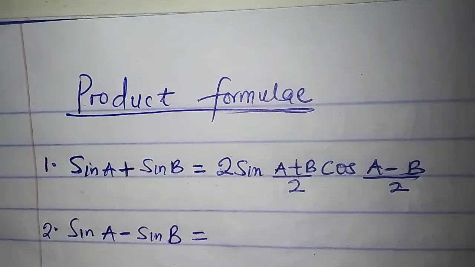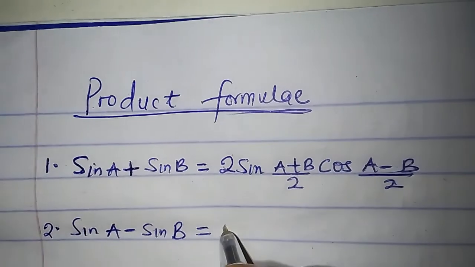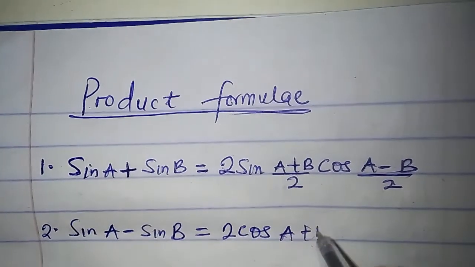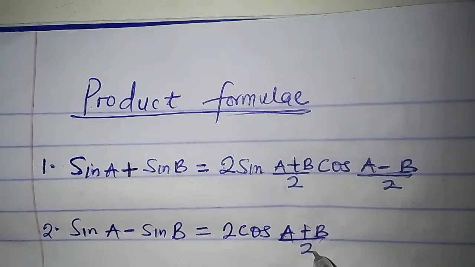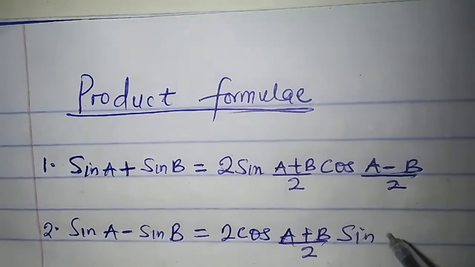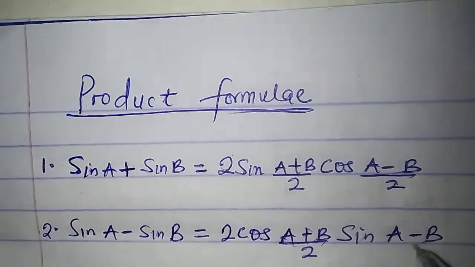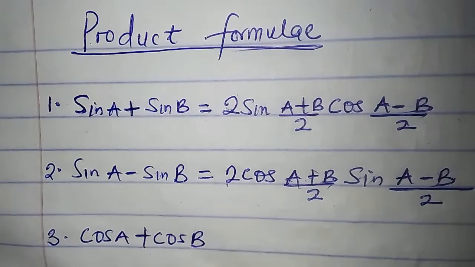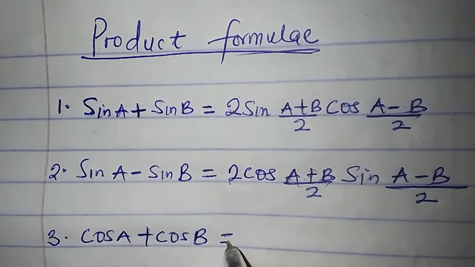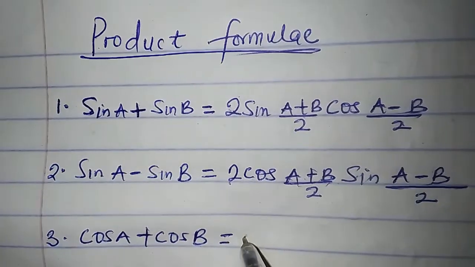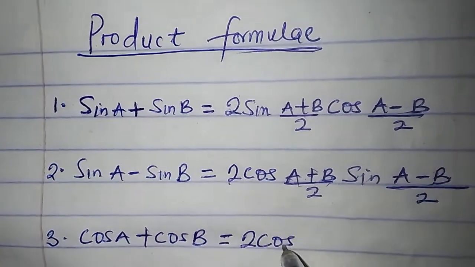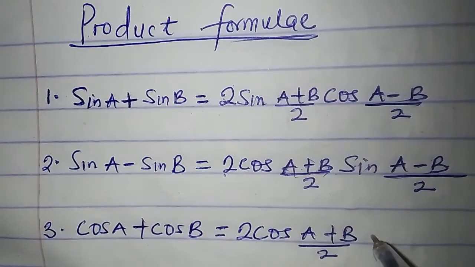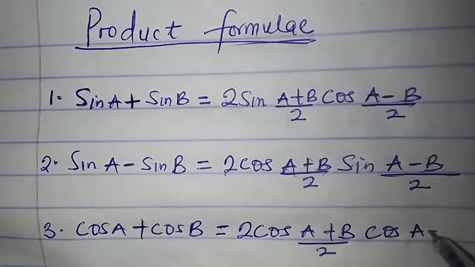Sin A minus sin B is equal to 2 cos (A plus B) all over 2 sin (A minus B) all over 2. What about cos A plus cos B? Cos A plus cos B is equal to 2 cos (A plus B) all over 2 cos (A minus B) all over 2.